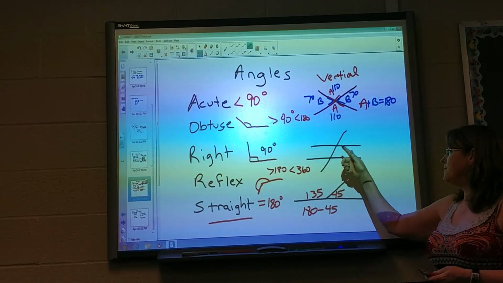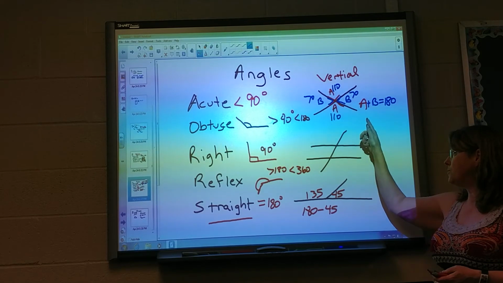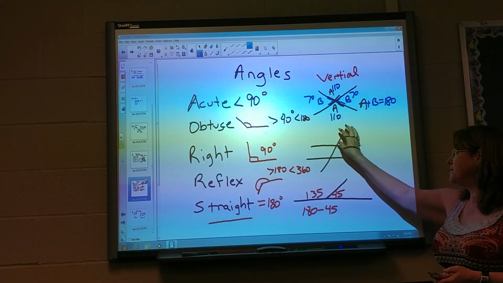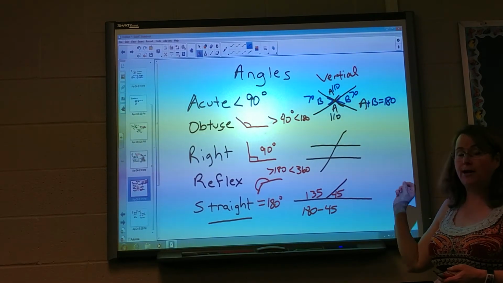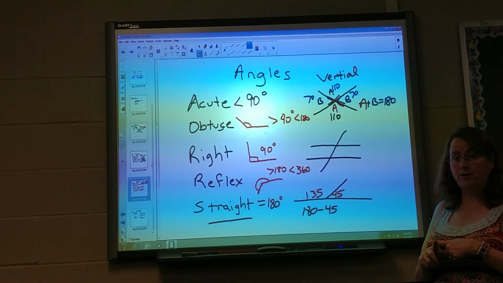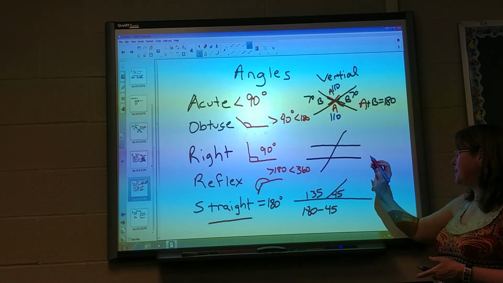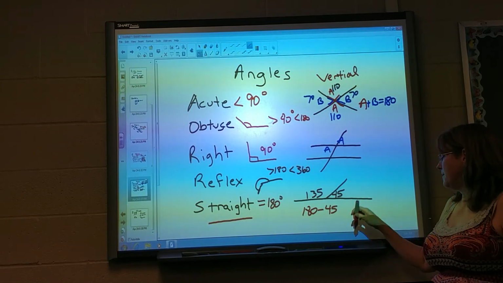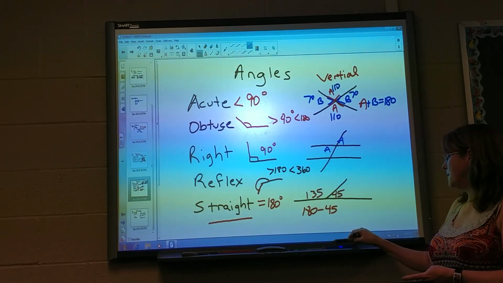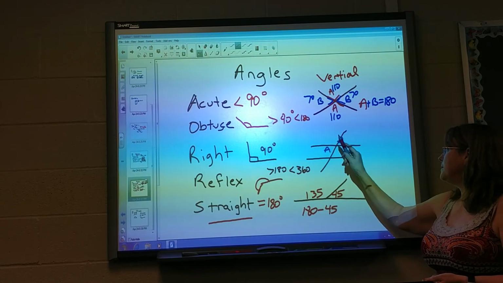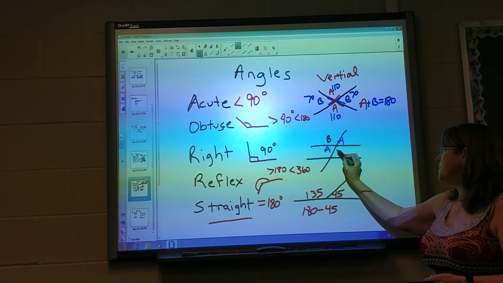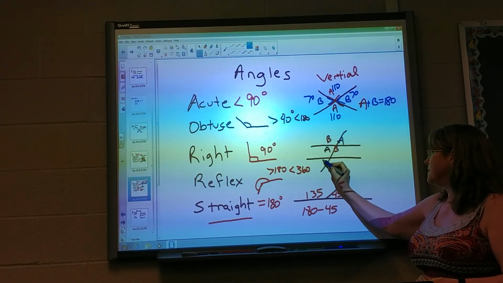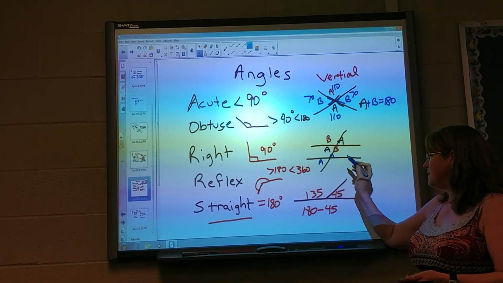Then we also have this one. If you have a parallel set of lines with a transversal, if I could cut this in half and pick this up and move it, and I had drawn it perfectly, they would line right up on each other. So that same concept, they're still vertical angles. This is A, this is A, this is B, this is B, and then we just repeat that.